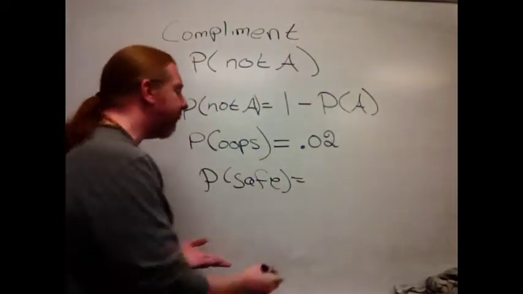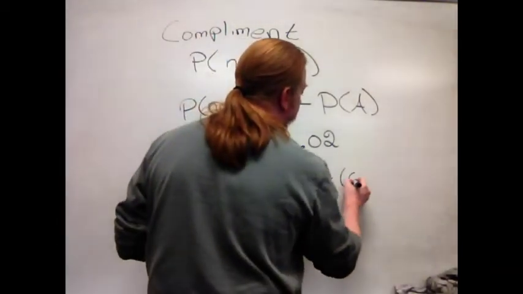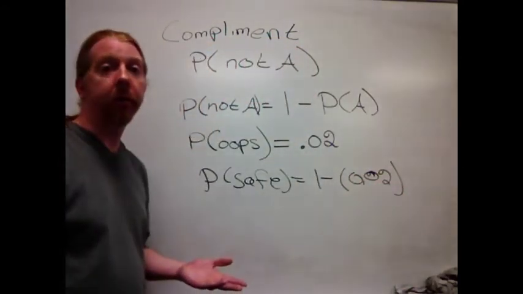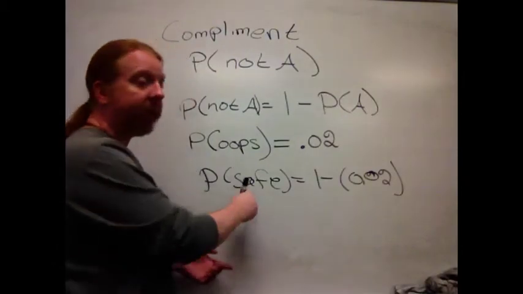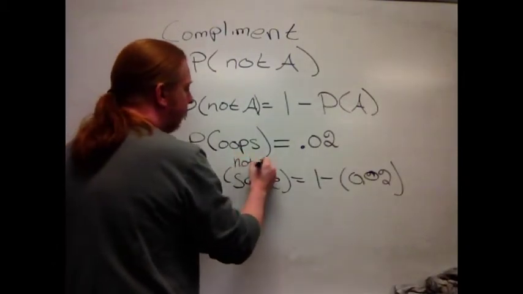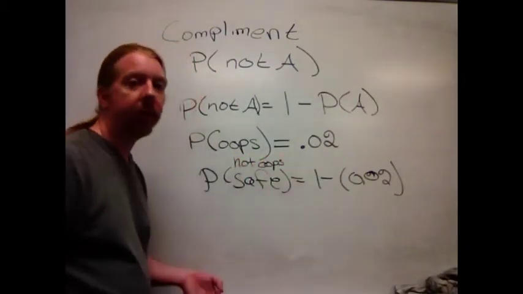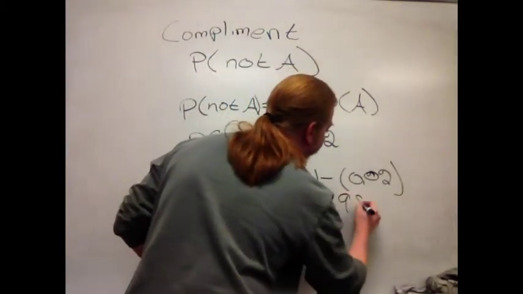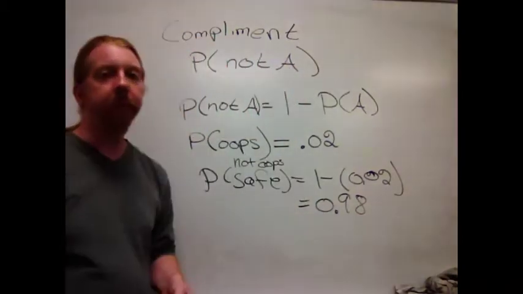Well, simply put, that's going to be 1 minus the probability of there being an oops, because safe represents not oops. Do the subtraction, and I'm down to 0.98, 98%.